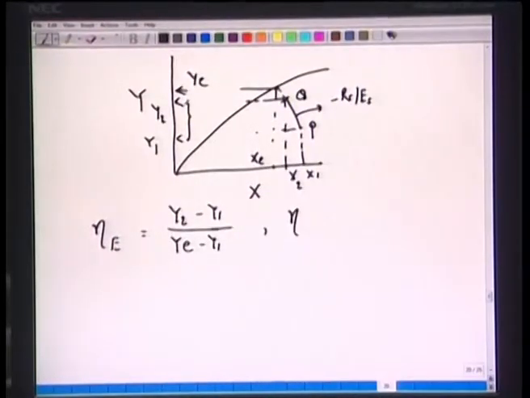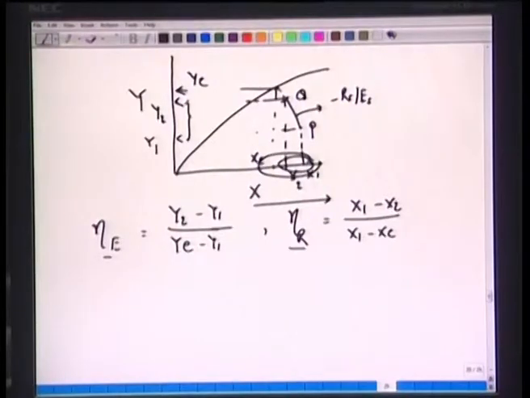Similarly, we can define the efficiency based on R phase on the x basis, which should be equal to x1 minus x2, actual separation, over the maximum, x1 minus xe. So both efficiencies are defined in the case of these stage-wise processes or contact processes or continuous contact processes.